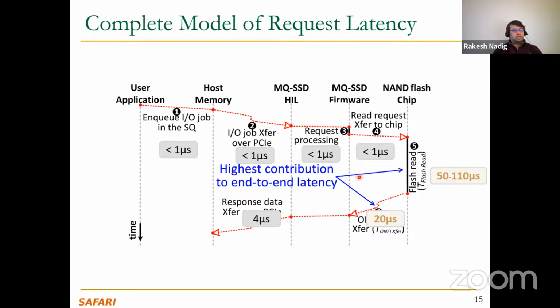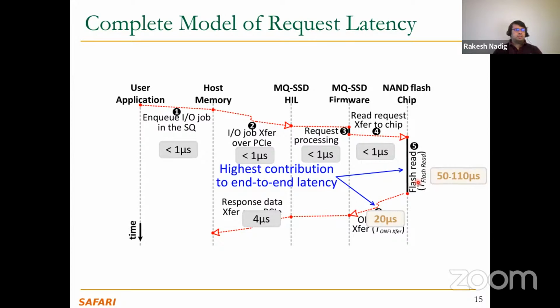Let's say you have a different configuration, such as a Samsung Z-NAND SSD or a 3D XPoint SSD. The simulator should also be able to adapt itself, because the flash read in those configurations takes much less time than what we see here.